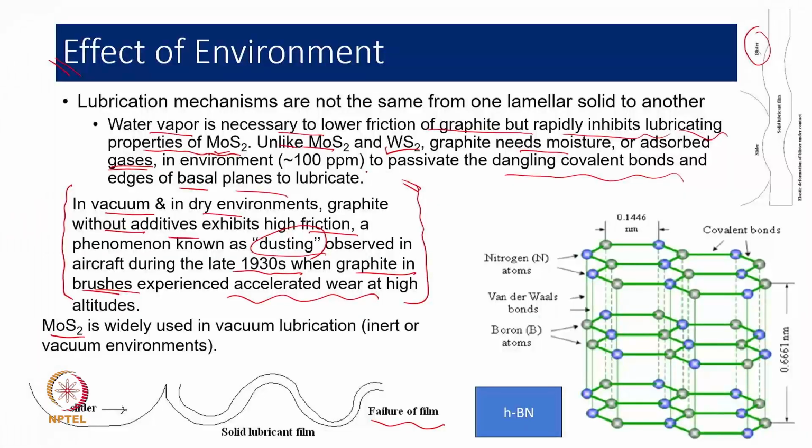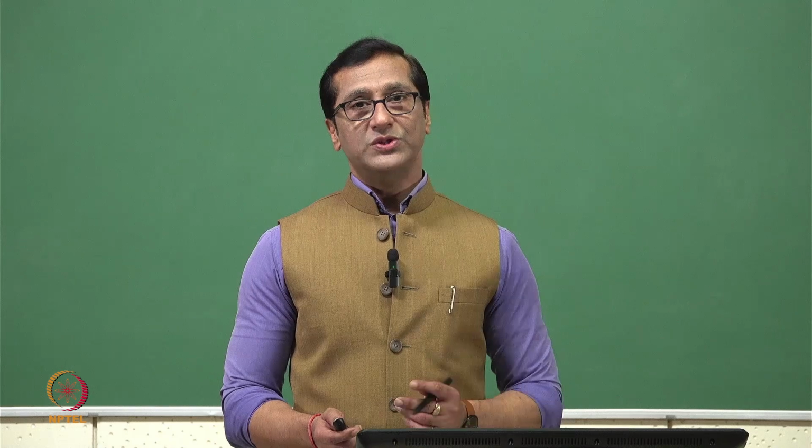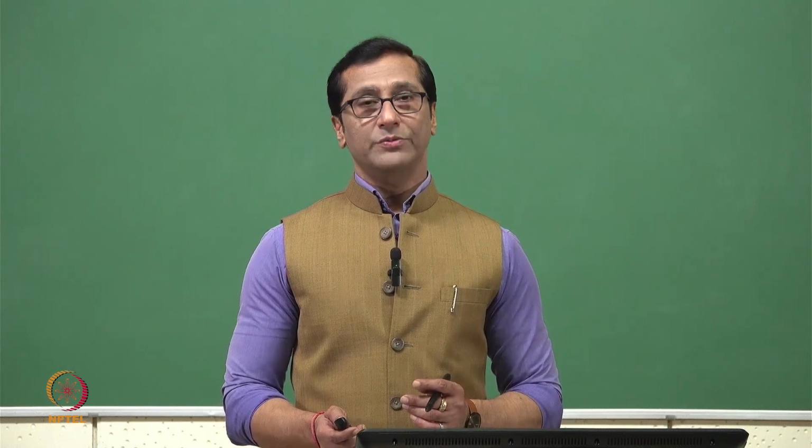The way we have discussed MoS2, WS2 and graphite, similarly there is hBN. It is getting more popular because it gives a very low coefficient of friction, and many times even compared to graphene it gives a lower coefficient of friction. So hBN can be utilized as one of the solid lubricants.